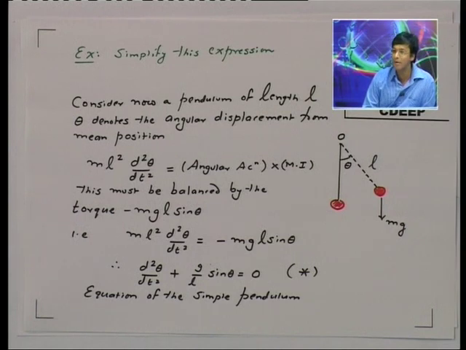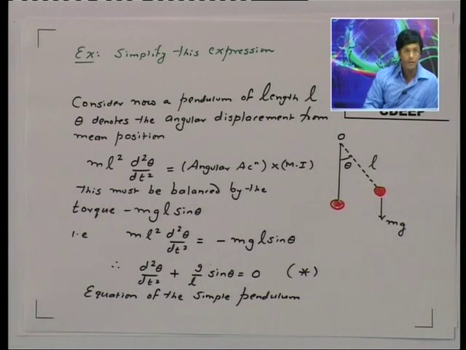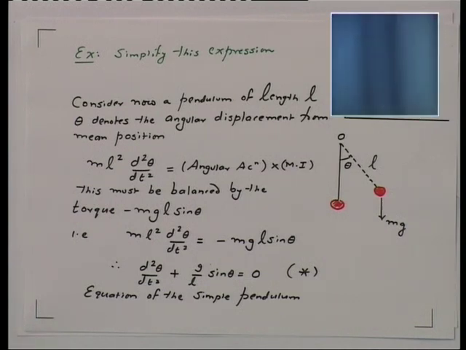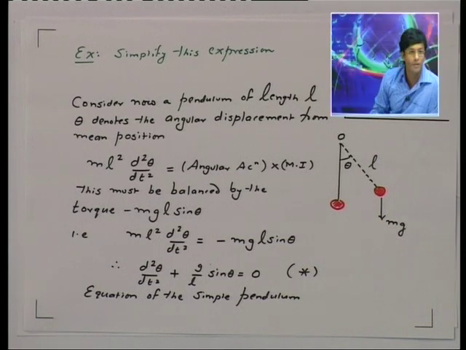If you replace theta by theta 1 plus theta 2, you get a sum, right. The second derivative of theta 1 plus theta 2 is the sum of the second derivatives. Differentiation is a linear operator, correct. So, first term is linear. The second term g over L sin theta is a non-linear expression.